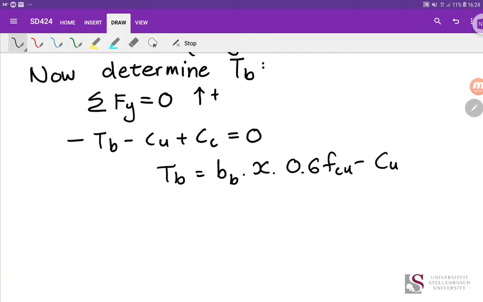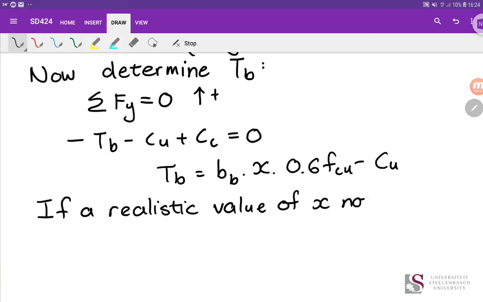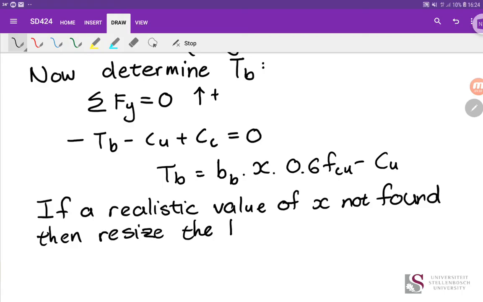So that would give us our value underneath. If a realistic value is not found, then resize the base plate, because it is possible that you would have no solution if the base plate is too small for equilibrium, then you may need to redesign it.